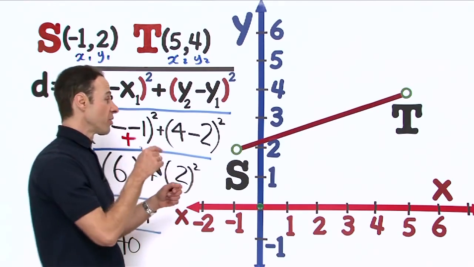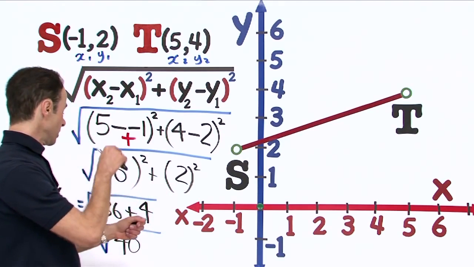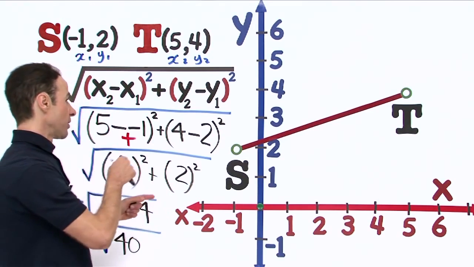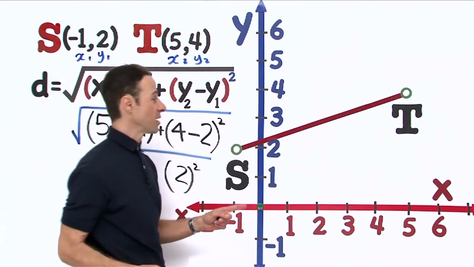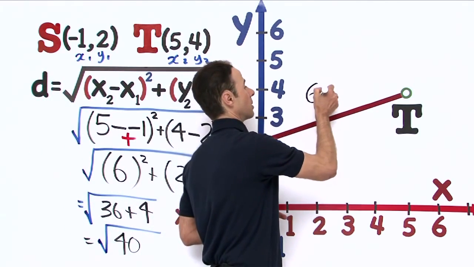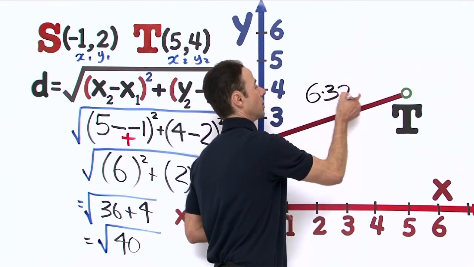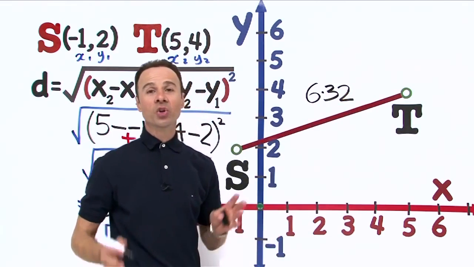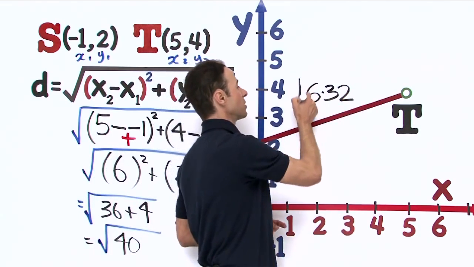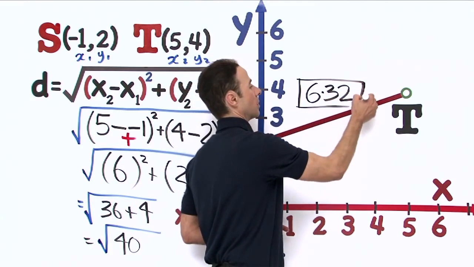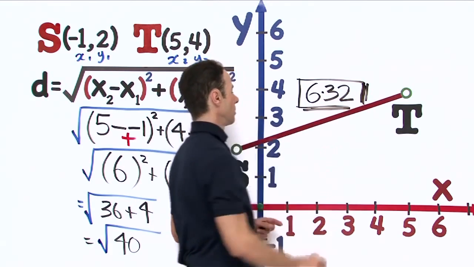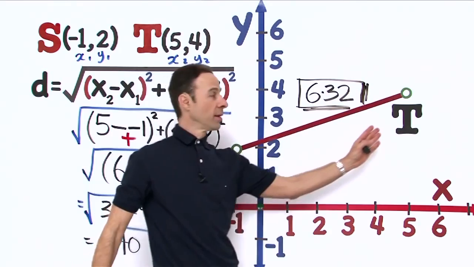On the calculator, that's square root, then 40. That's going to give us, to 2 decimal places, 6.32 units for the distance between S and T.